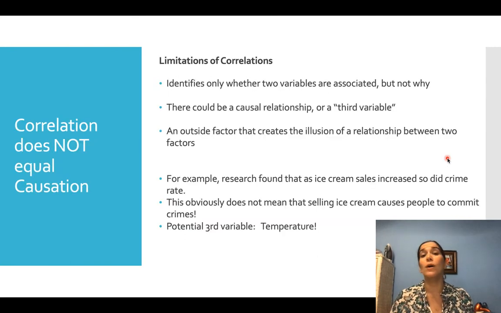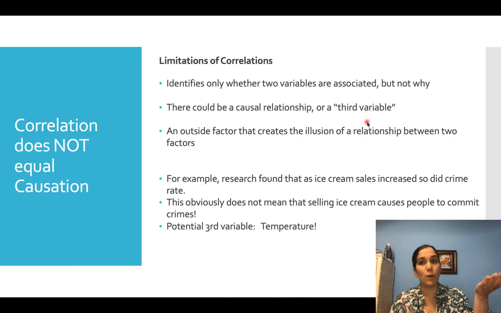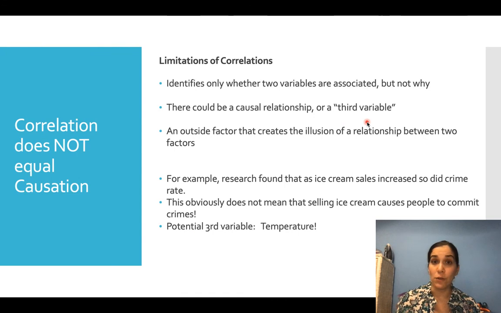For example, you could have what we call a third variable. What third variables might be related to reading the textbook and exam grades that could cause your exam grades to go up? What about going to class, taking notes during class, studying from your notes, sleeping the night before, not getting drunk the night before?